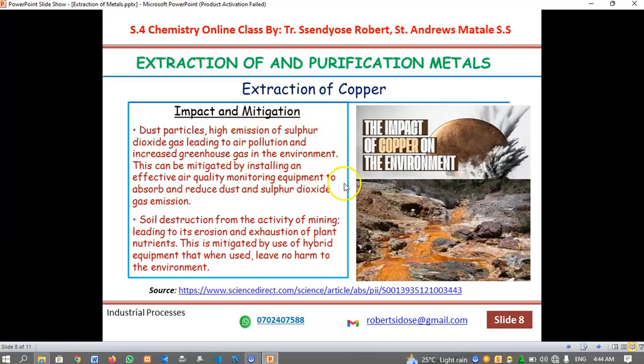We have environmental impacts, as you are seeing in the picture. We have health impacts, and so on. But if you need more, you will tap in the link and you get more impacts.